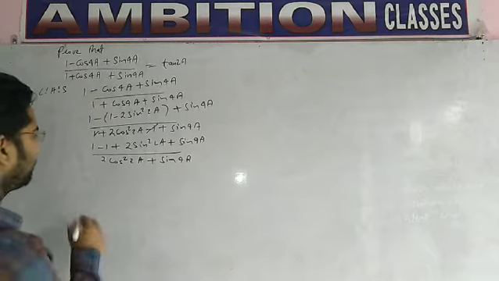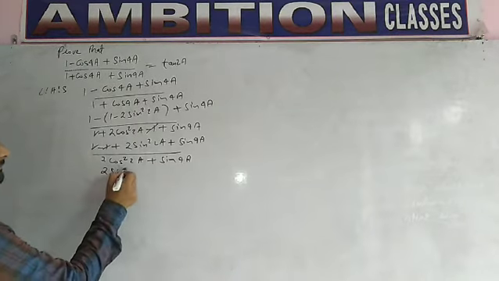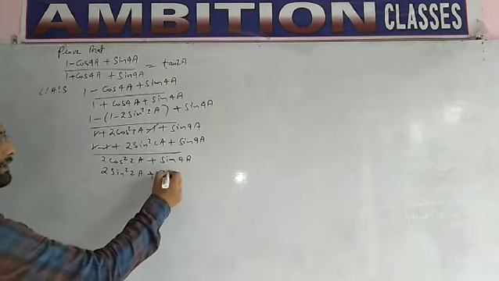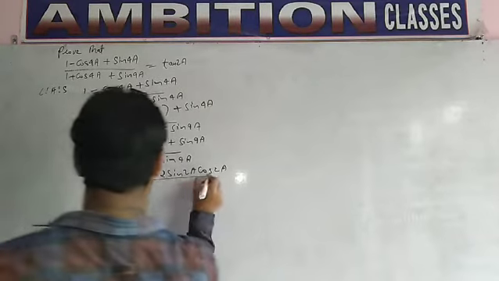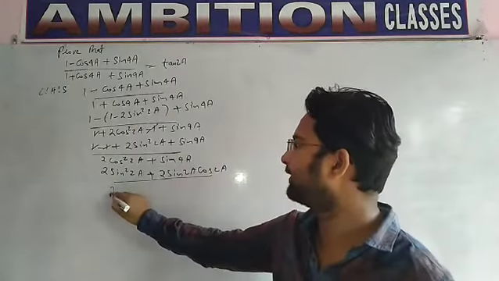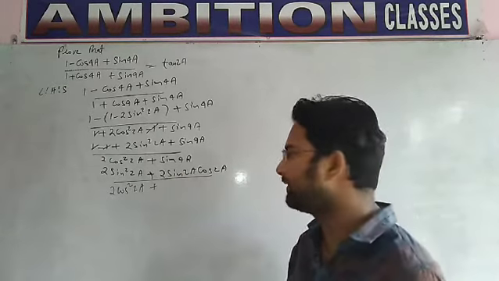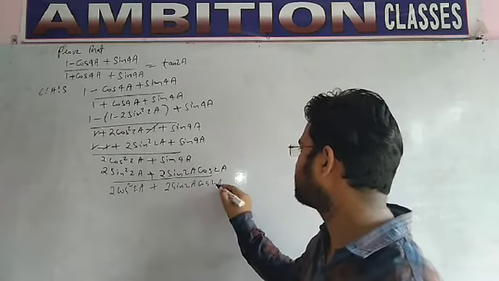Now what we have to do, this will cancel out students. We will have here 2 sin square 2a. Let's apply the formula for sin 4a. It will be 2 sin 2a into cos 2a. So after this we will get 2 cos square 2a plus, for sin 4a we can write 2 sin 2a into cos 2a.